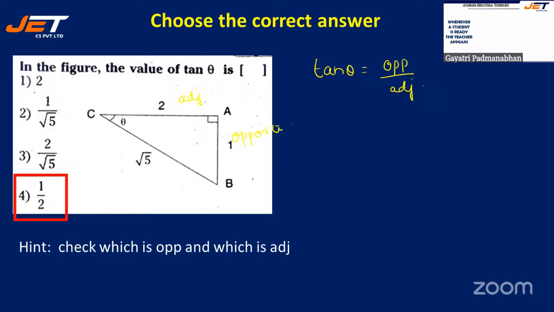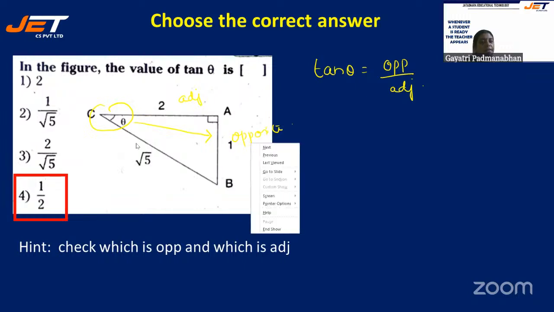Always remember, wherever the theta is, the side which is opposite to theta is your opposite side. So your opposite side is 1. The longest one is the hypotenuse, so the other one must be your adjacent.